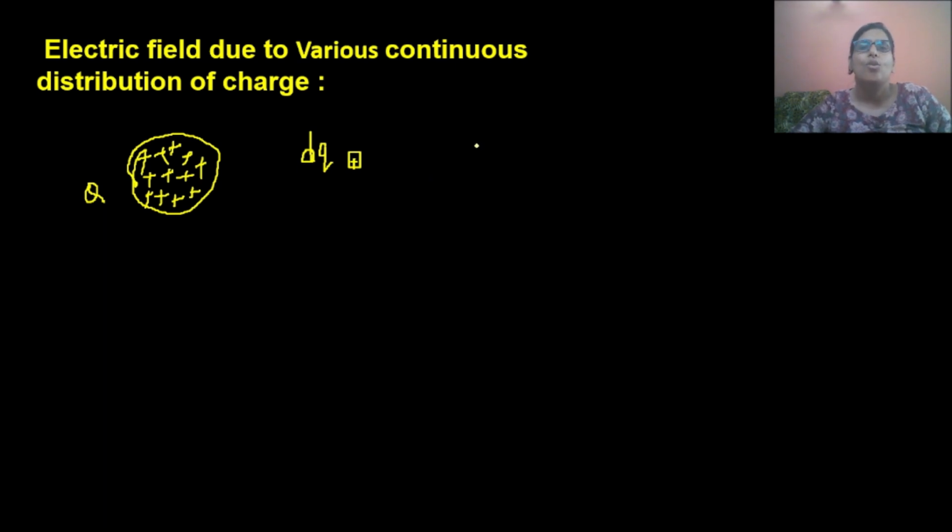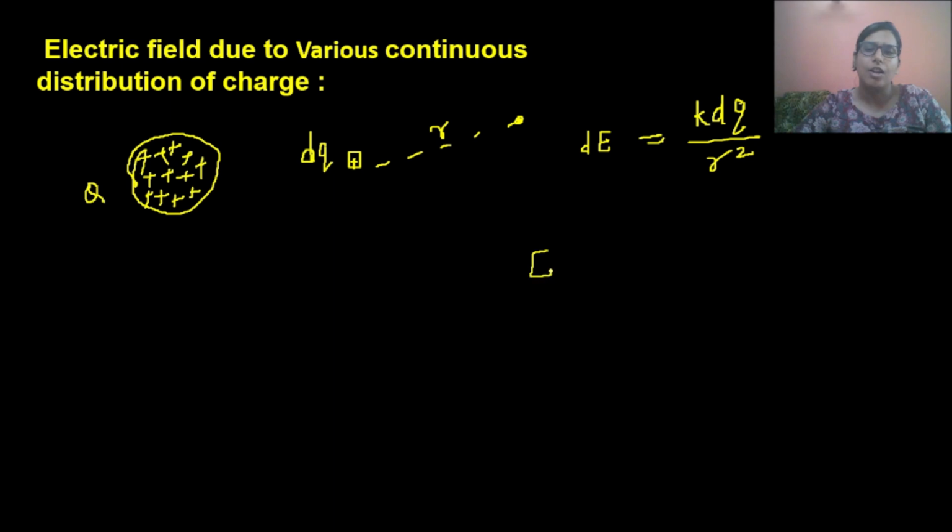So due to this point charge, the electric field at a distance r will be written like, suppose this is dE, dE equals k into dq upon r square. This represents a small quantity. Now if we want to calculate the total electric field, then that will be the sum of the electric field by these small elements.